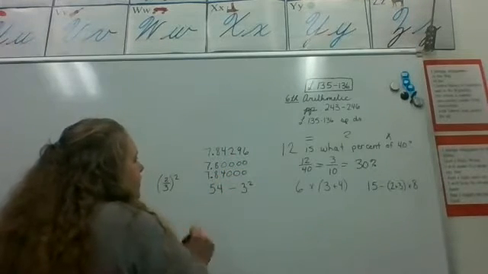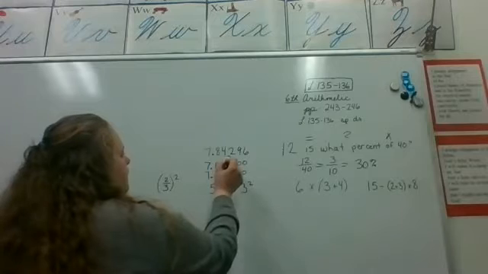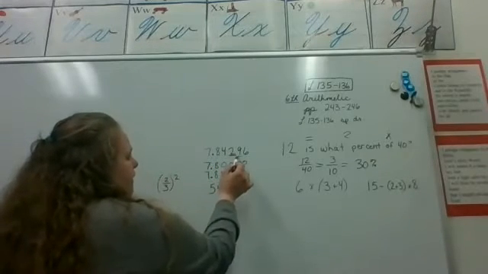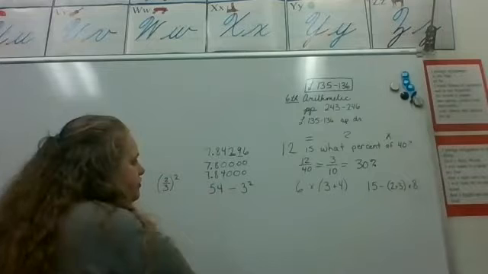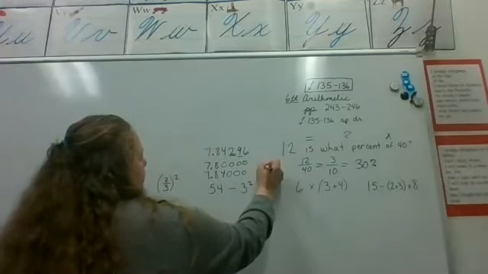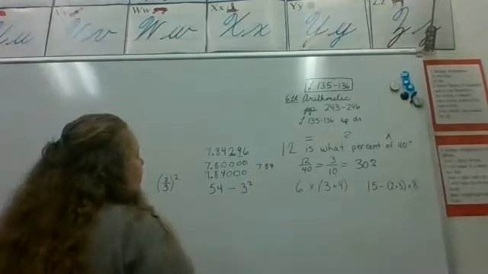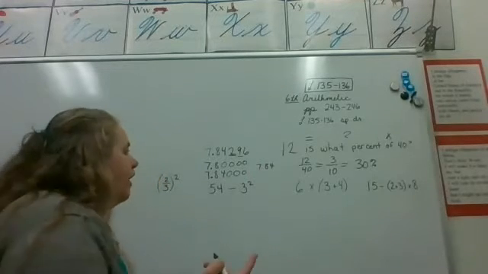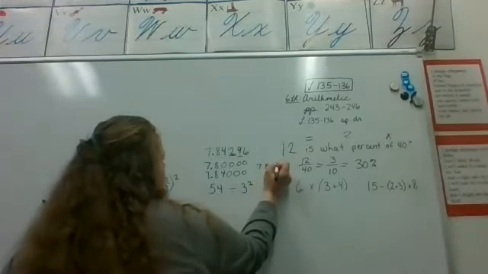The last place we're gonna look at is the thousandths place, okay? So we're gonna look at the 9. Does the 9 make the 2 go up or stay the same? We're gonna keep these numbers the same, right? The 9 makes it go up to 3, right?